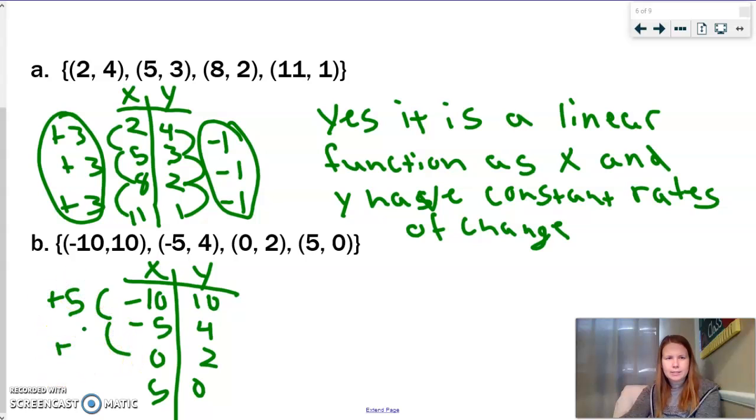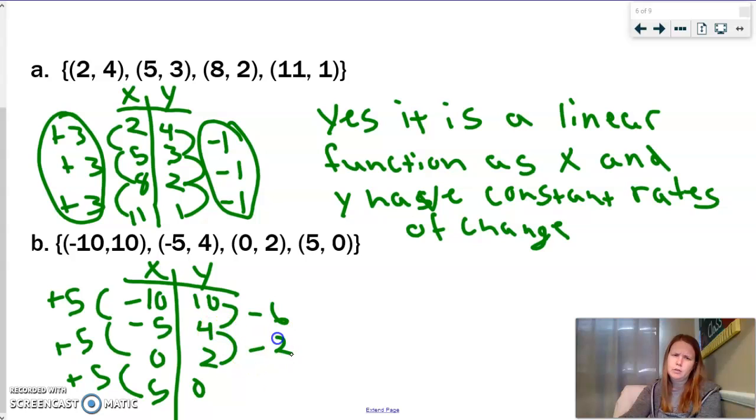It seems to be the same thing as we continue on. So let's see, does y have a constant? Well, 10 to 4 means I'm subtracting 6. 4 to 2 is subtracting 2. And 2 to 0 is subtracting 2. So these aren't the same. I'm not always subtracting 6 or always subtracting 2.